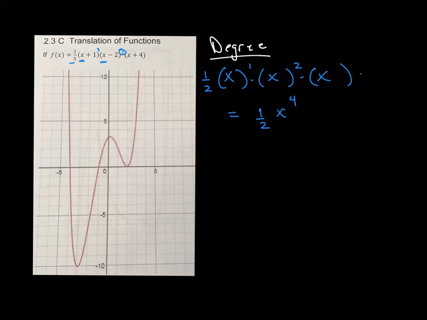All right, so what does that mean? That tells us that the end behavior of this polynomial is going to be up, do some turns, and up. Now, how many turns?